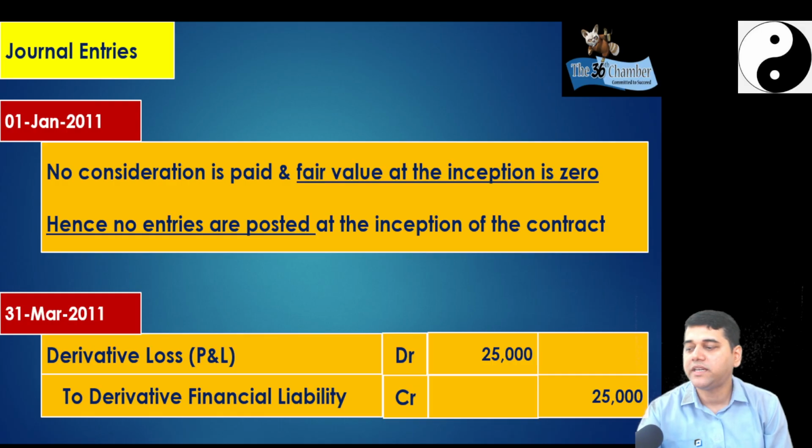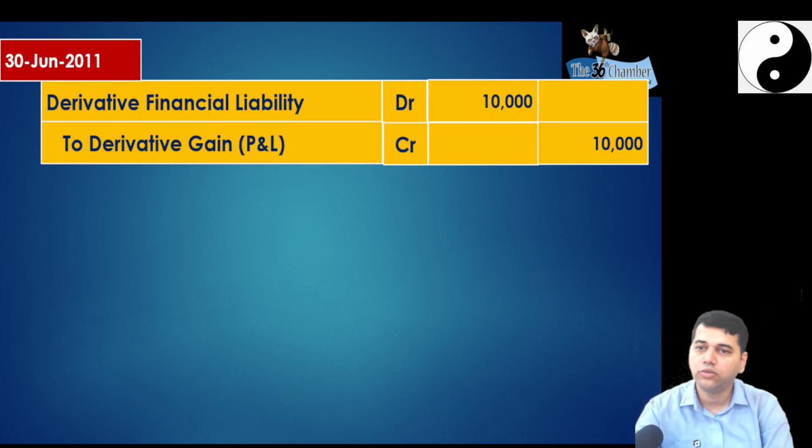Now tell me, what is my entry on 30th June? What happens on 30th June? The loss position comes to 15,000. Liability to gain, derivative gain.